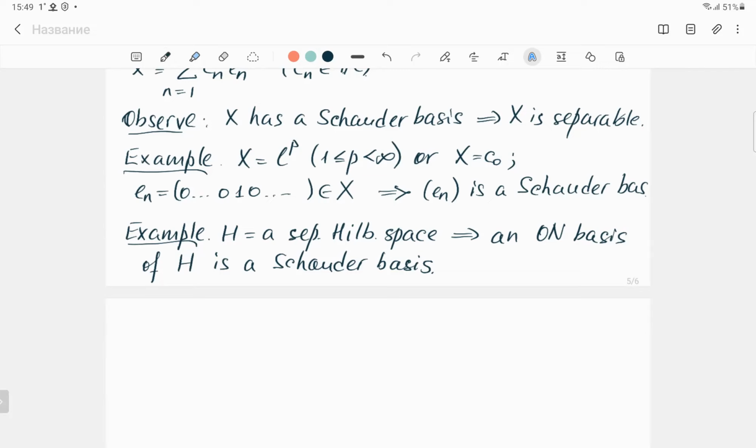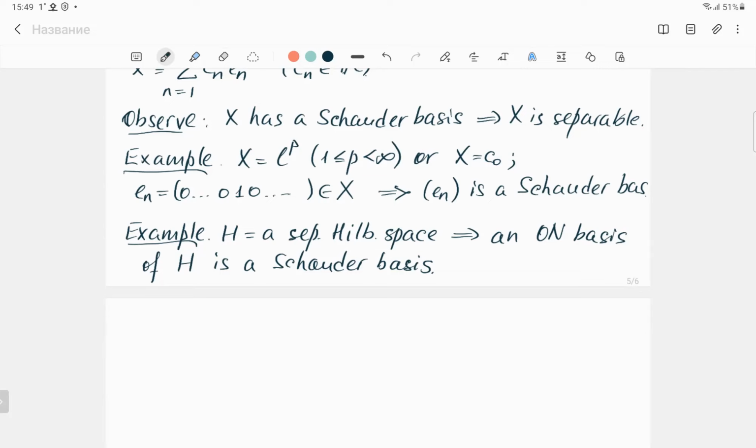The space of continuous functions on the closed interval of the real line also has a Schauder basis, the so-called Faber-Schauder basis, which consists of, well, piecewise linear functions like this. So almost all classical Banach spaces have Schauder bases.